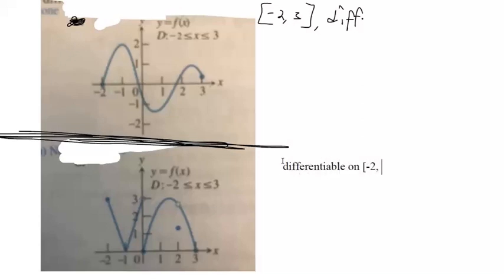So this one is differentiable on -2 to -1, but it is not differentiable at -1, so we need a parentheses there. It is continuous at -1. There's a dot there. You can plug in a value for x, and you'll get out a value for y. Although the book doesn't make a clear dot, that's a sudden switch in direction, so there is a dot there.